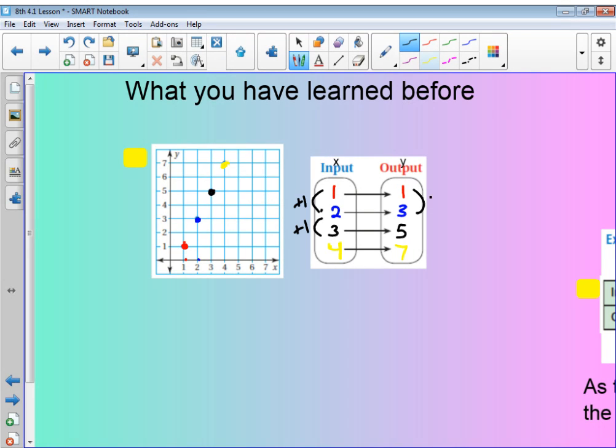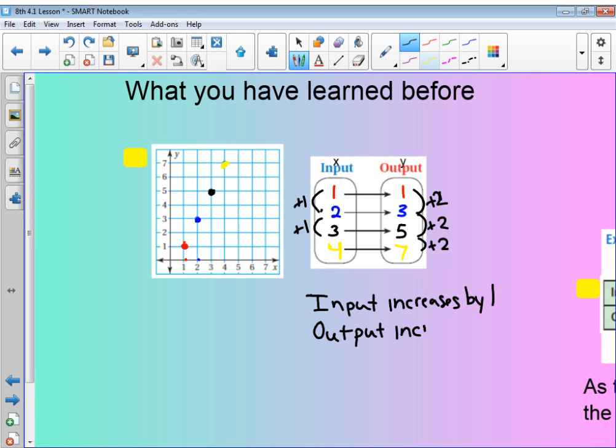It's going up by, not 1, sorry, 2. So both of them are increasing. Okay, that's just working with some input-output.